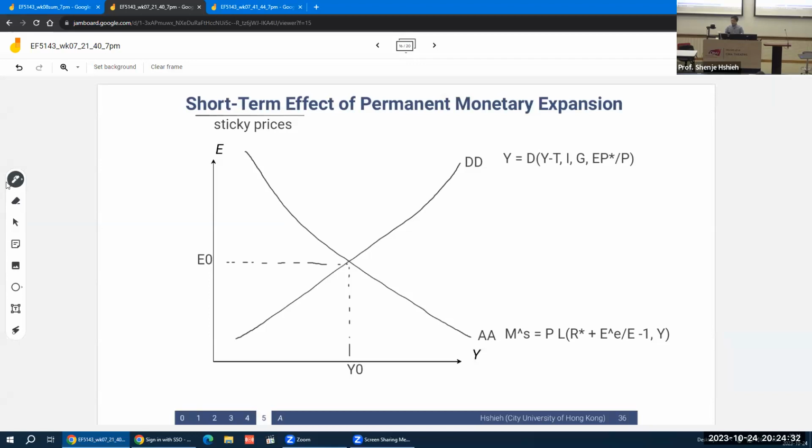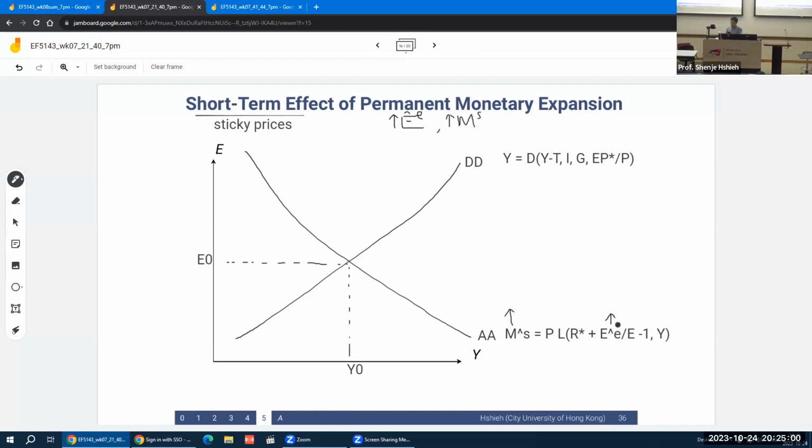So let's walk through the math, all right? We have two things going on. We have an increase in E hat E, right? And we also have an increase in MS. So that means this term is increasing, and also this term is increasing.